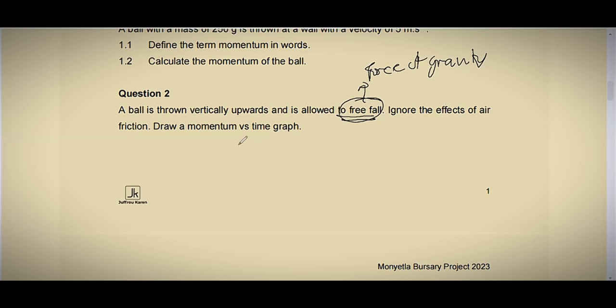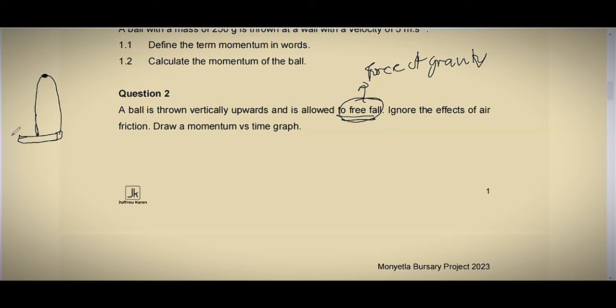So if we are to indicate the trajectory of the ball, we understand that if it is thrown, let's say from the ground, then the ball will move up until it reaches a certain maximum height, and then come back to the initial position from which it was thrown, right? So we are supposed to indicate the momentum of the ball versus time of this trajectory.